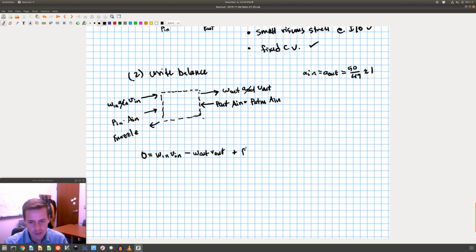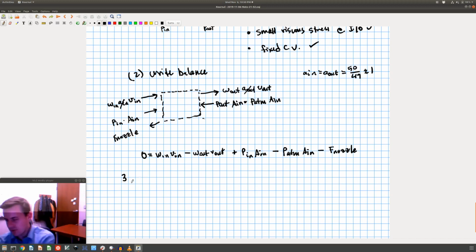So I'm going to have plus, because this is in the positive direction, P in A in, minus, this is in the minus direction, P atmosphere A in, minus F nozzle. Okay, there we go. So that's my balance. Step 3 now is to just do math and to solve the problem.